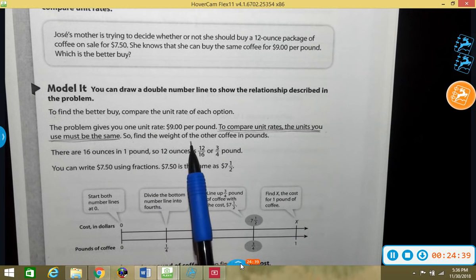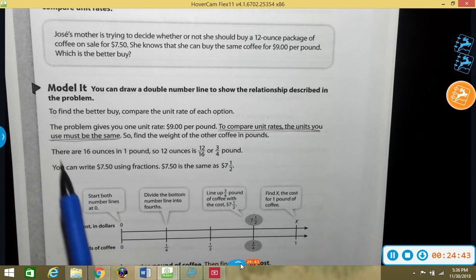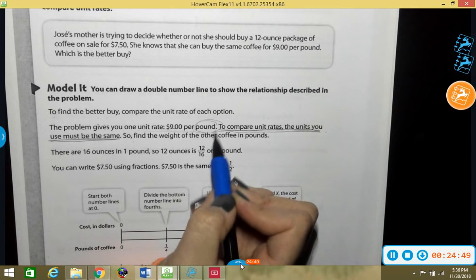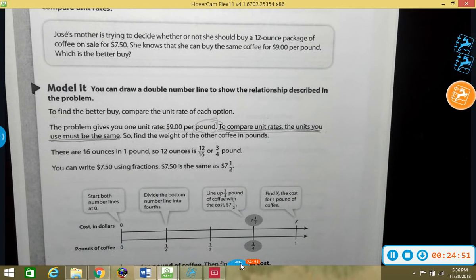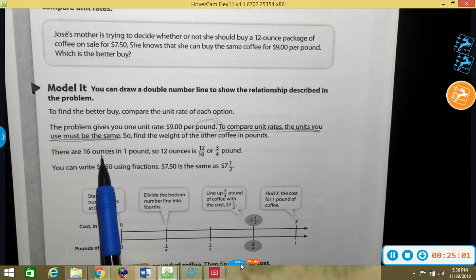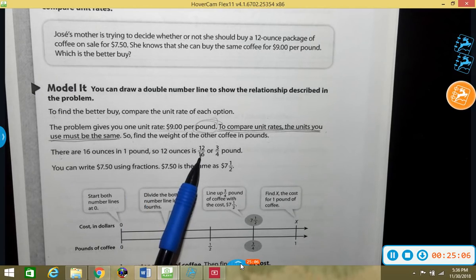So find the weight of the other coffee in pounds. So the first one that we had, or the one that was already done in unit rate, was $9 per pound. The other one that we had was a 12-ounce package. So you have to go ahead and make it be where it would compare in pounds. So there's 16 ounces in 1 pound. So 12 out of 16.